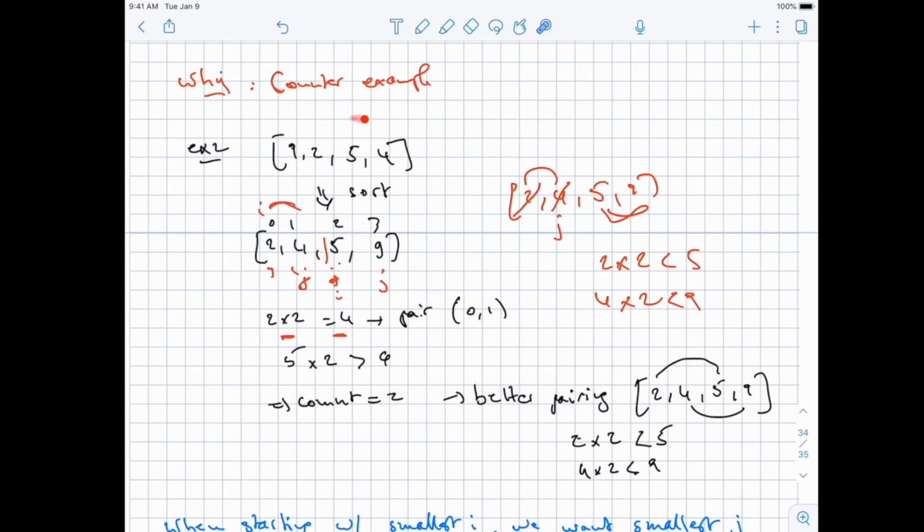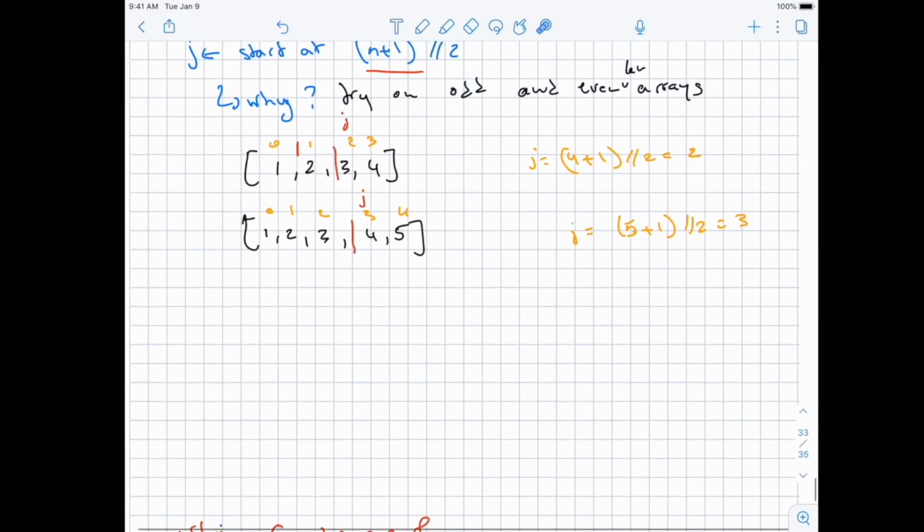That's the counter example. The proof is that you can have at most 2 pairs here, and to maximize your chance of finding the 2 pairs, you need to pick the largest one. If you put it here, there is a higher chance if you have 4 than if you have 3.